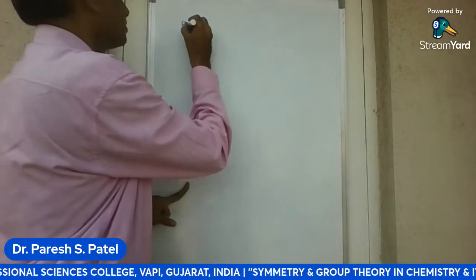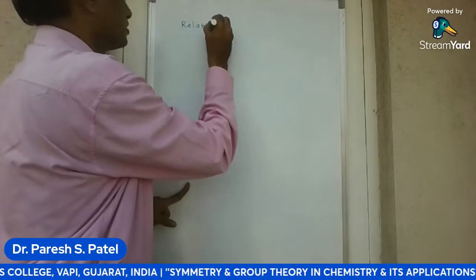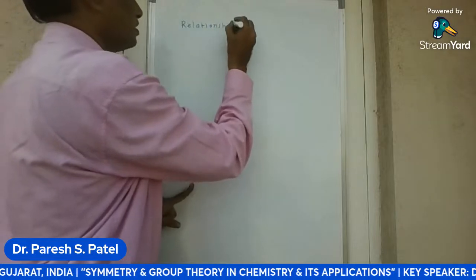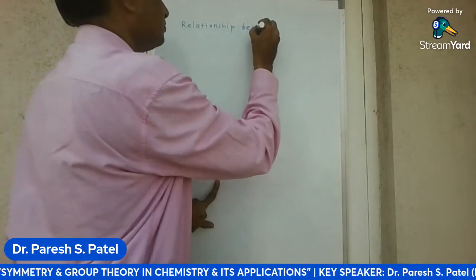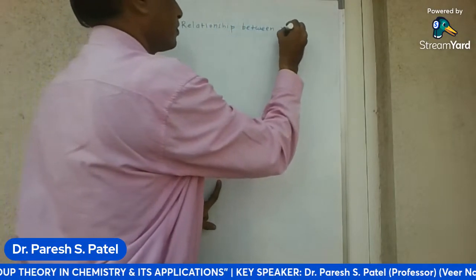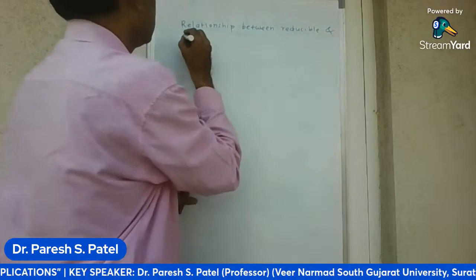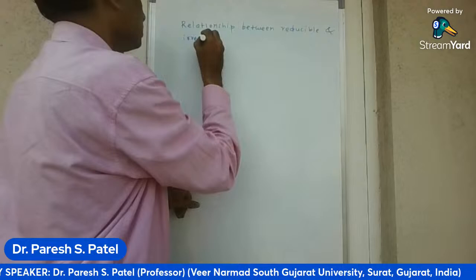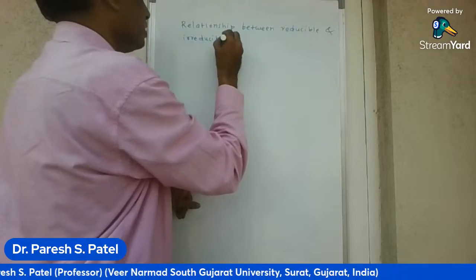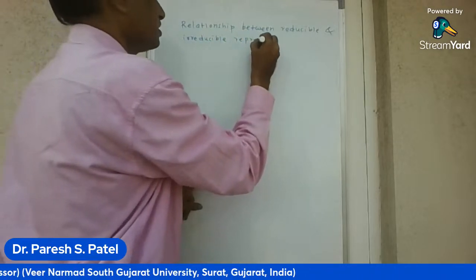Next data list. Relationship between reducible and irreducible representations.